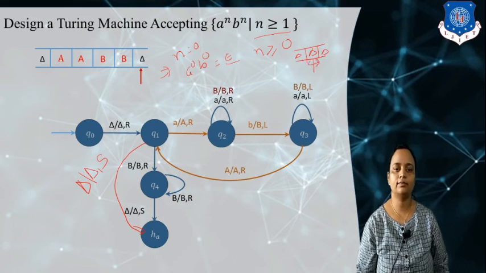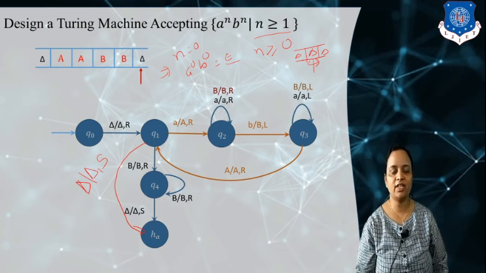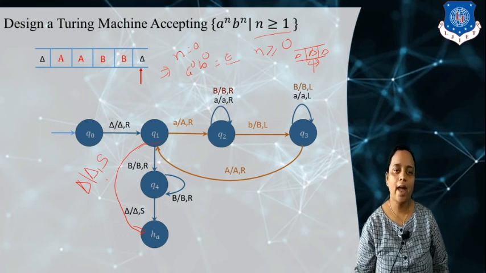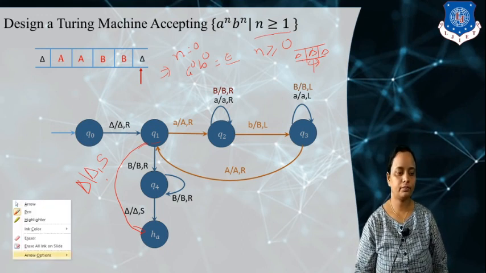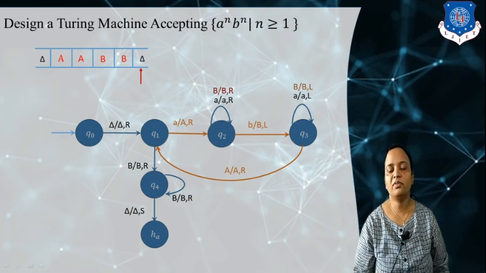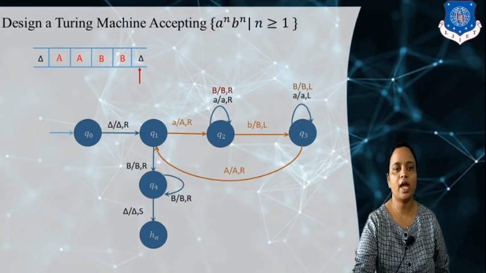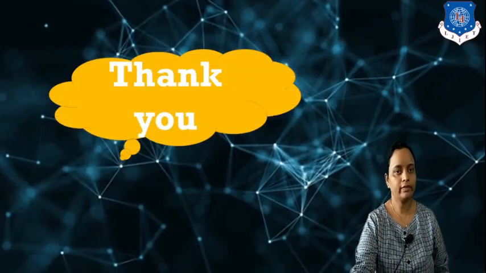So only one change: if n is greater than or equal to 0, we just add this transition at my Q1 state. Delta is replaced by delta because we need to accept the empty string. So delta is replaced by delta and stop over here. So I hope this concept is clear to you. Thank you all.